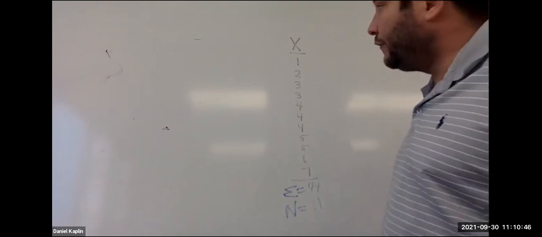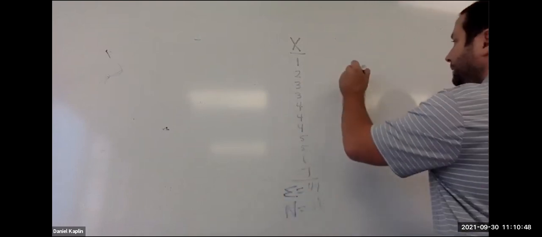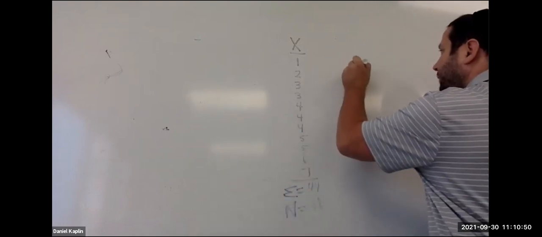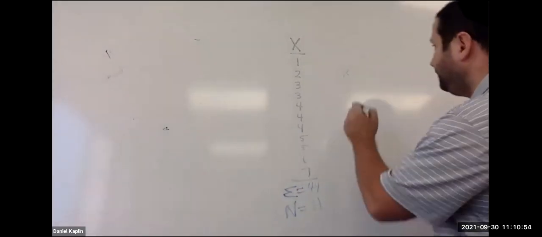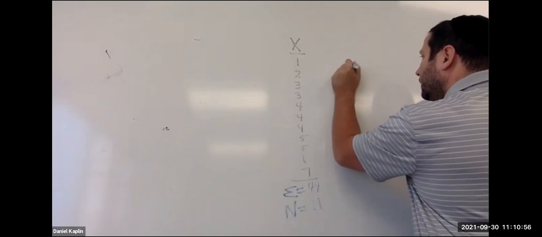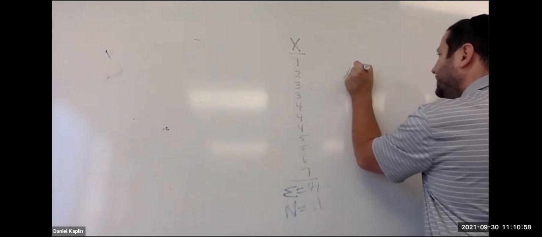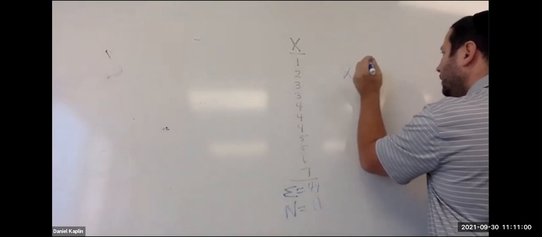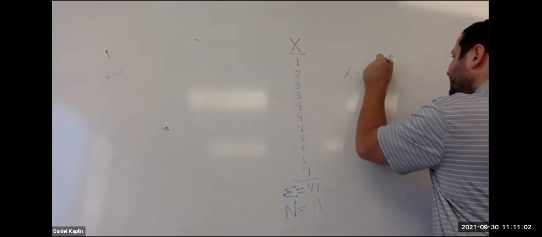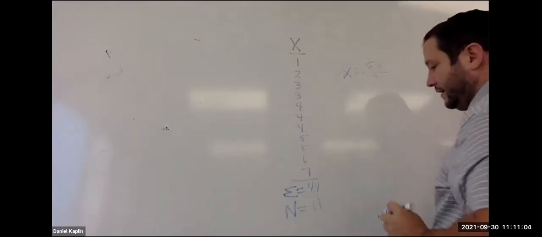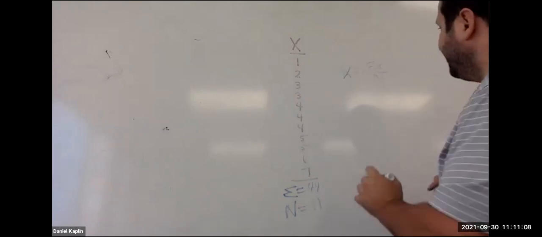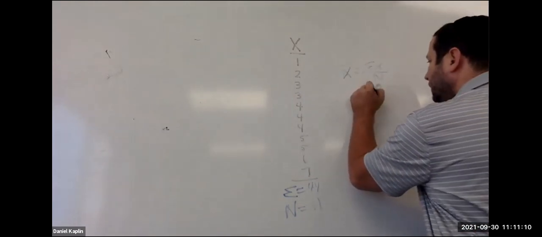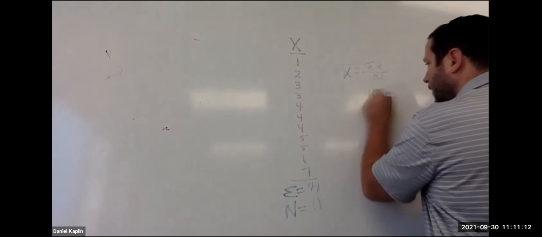So our formula for mean is x bar is equal to, can you see that? Yeah. X bar is equal to the sum of x over n. Well, what is the sum of the x column? The sum of the x column is 44.